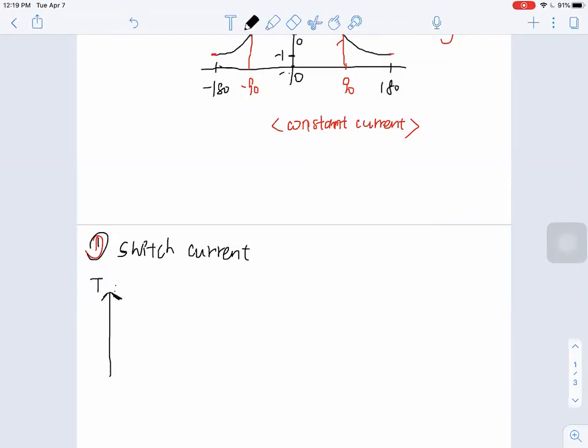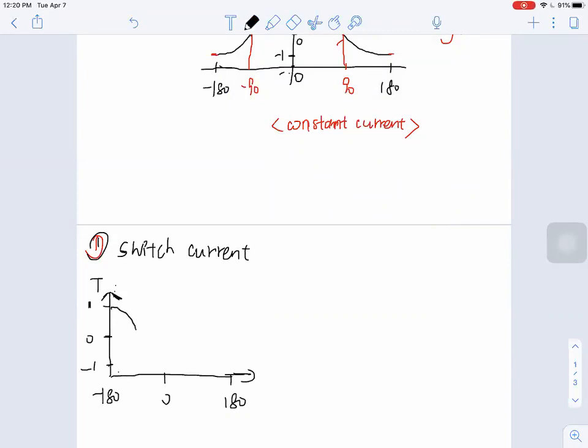If this is torque, now we have negative 180, 0, 180 degrees. This is 0 torque, 1, negative 1. And our torque is going to change like this.